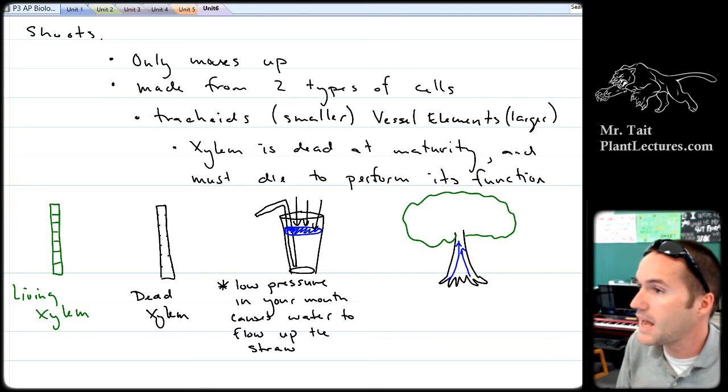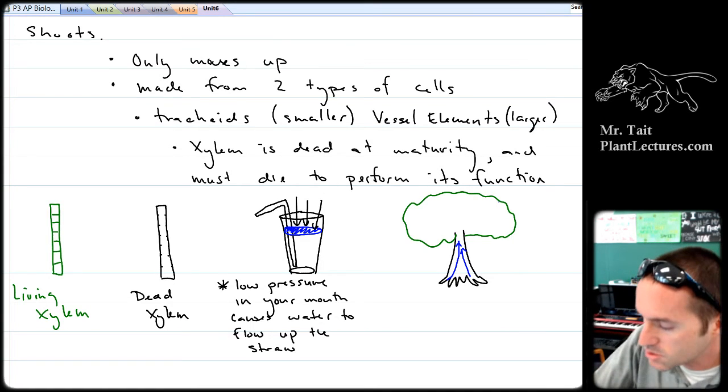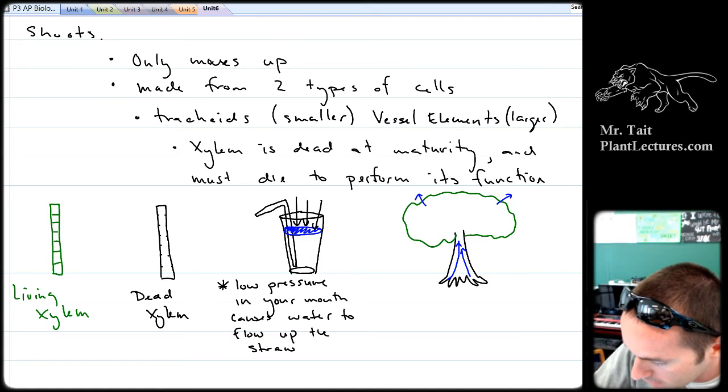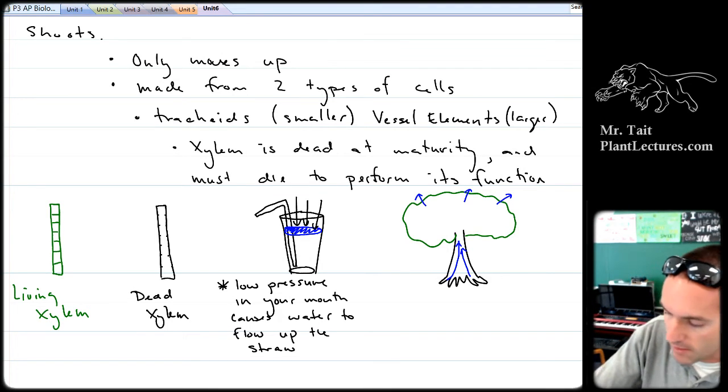It doesn't release air, it releases water. It goes through transpiration. It releases water out of the top here. And the transpiration creates an area of low pressure.